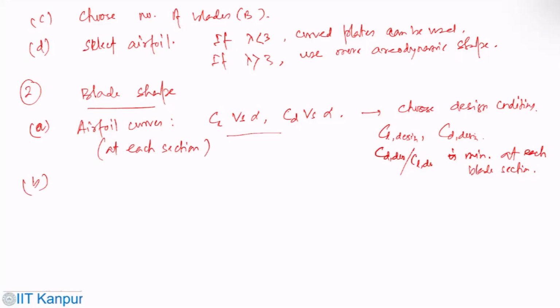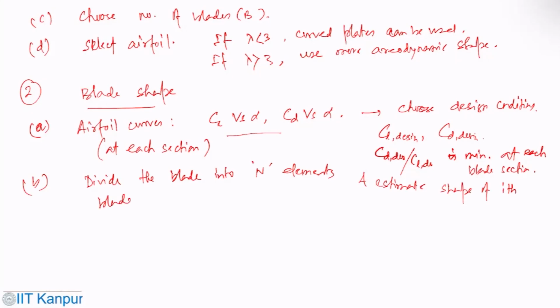Then we can divide the blade into N elements and use the optimum rotor theory to estimate the shape of each blade element. So that means, first, we have lambda_ri = lambda r_i by R. Second, we have phi_i = 2/3 tan inverse of 1 by lambda_ri. Third, we have c_i = 8 pi r_i by B C_L design, times (1 minus cos phi_i).